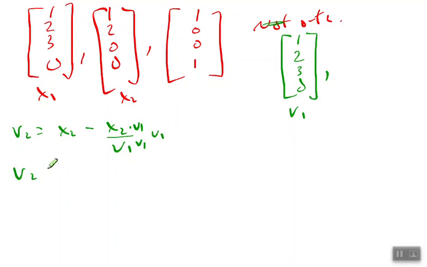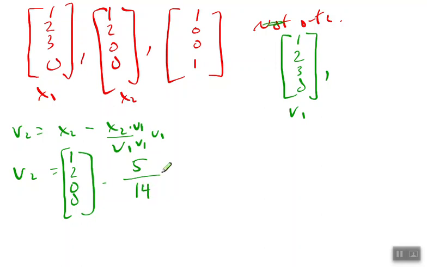So vector 2 is going to be 1, 2, 0, 0, my second vector, minus the dot product of these 2 vectors, which is 1 plus 4 is 5, over the dot product of vector 1 and vector 1, which is 1 plus 4 plus 9, which is going to give you 14.